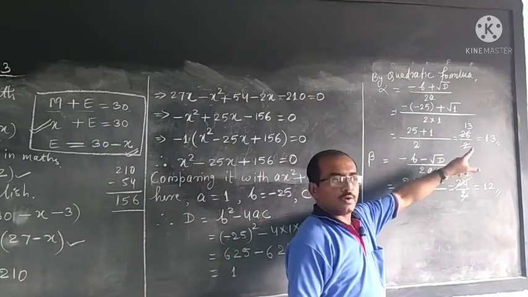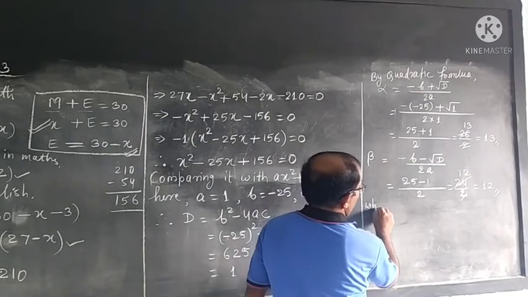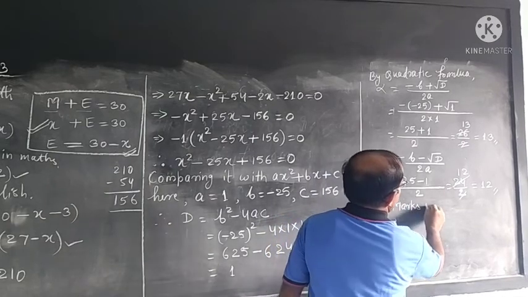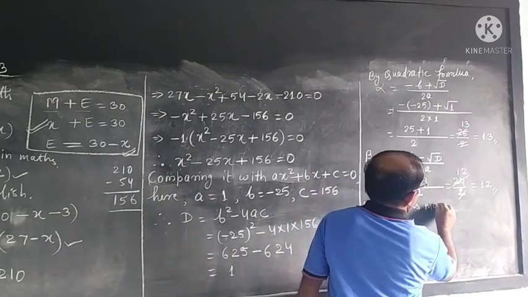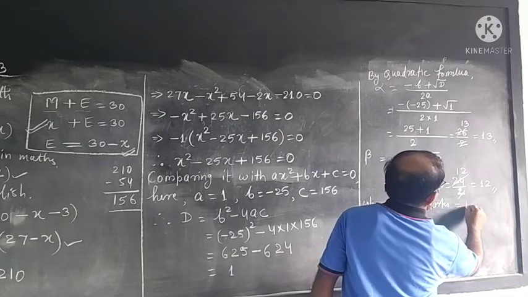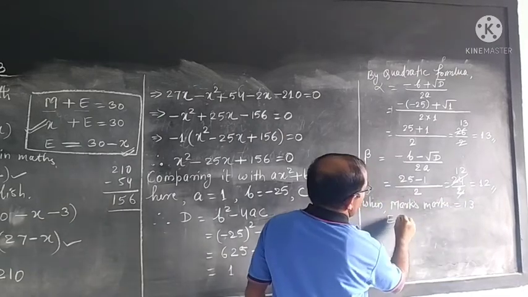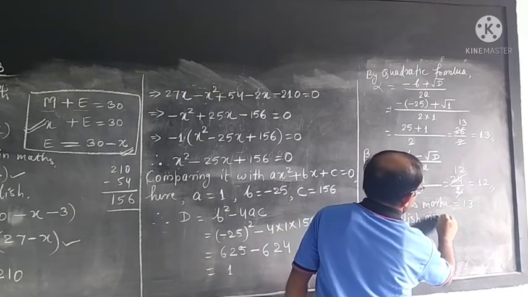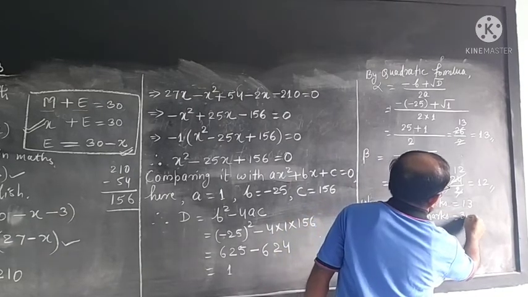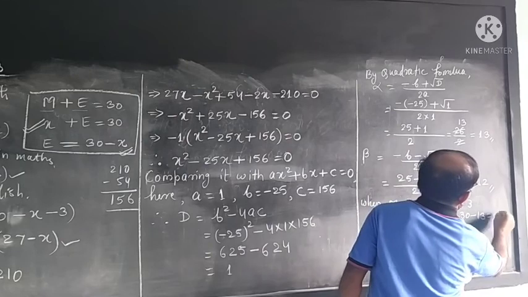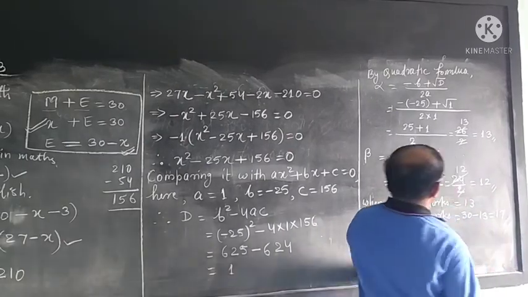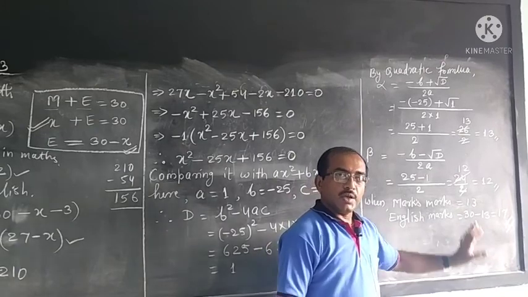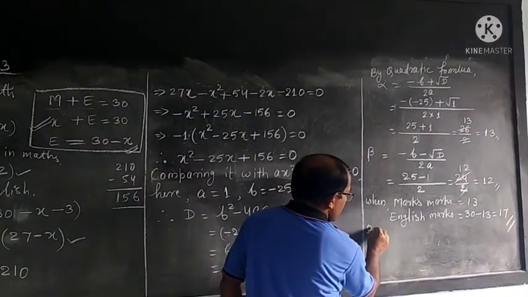So, if she has scored 13 marks in maths, then English marks will be 30 minus 13, that is 17. So, the answer you will be getting is 13 marks in maths or 17 marks in English.